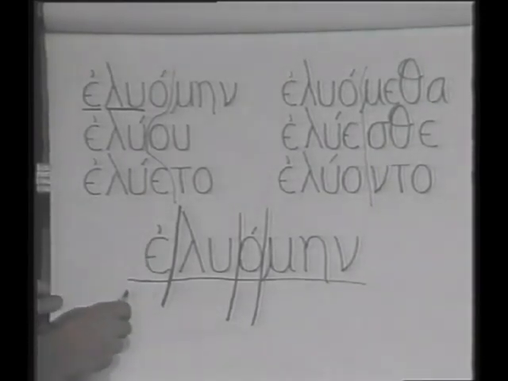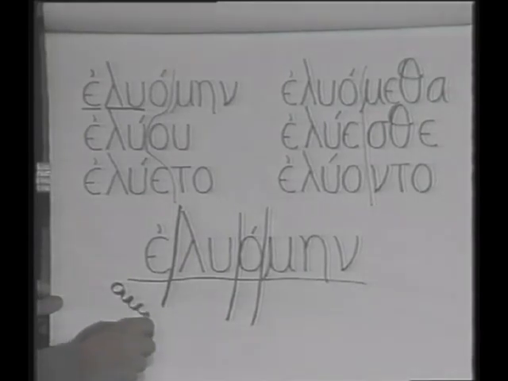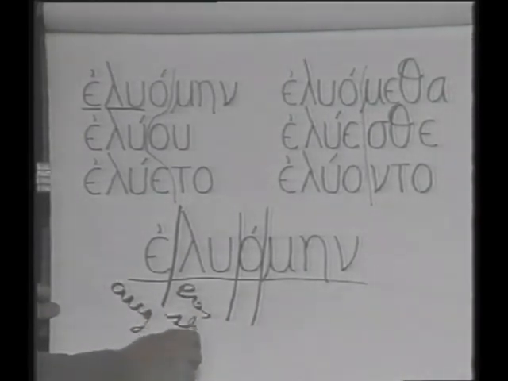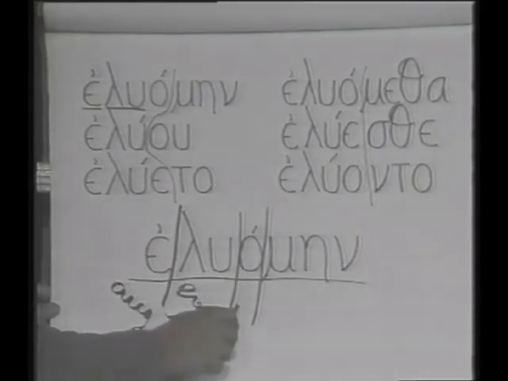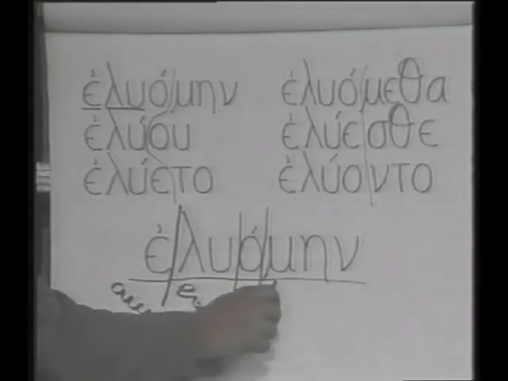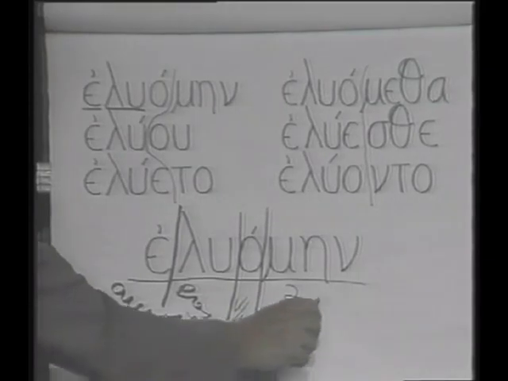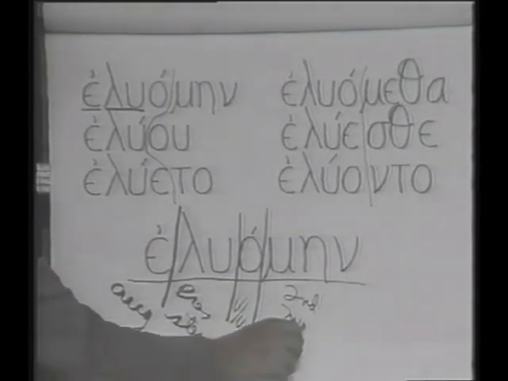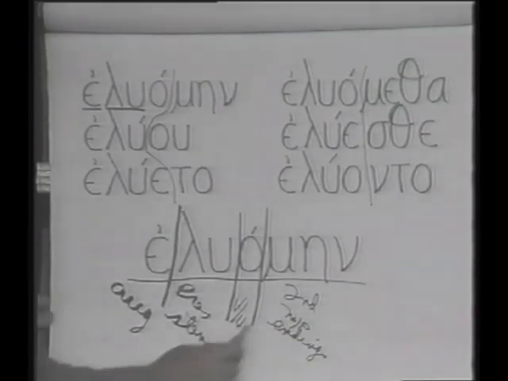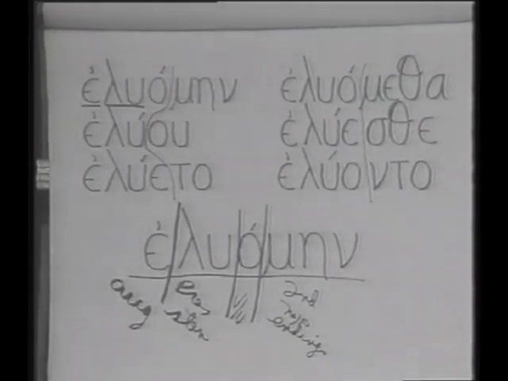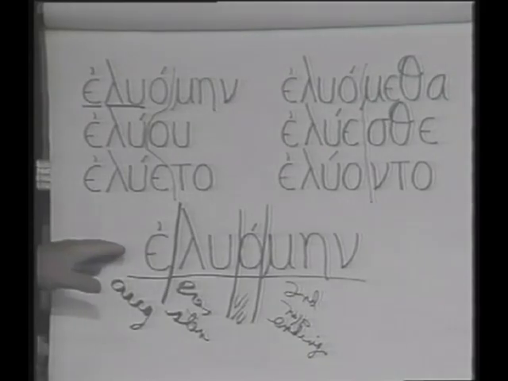This is called, right, an augment, the present stem, the variable vowel, and then secondary middle or passive endings. All right, that's on page 24, under the imperfect, middle, or passive.